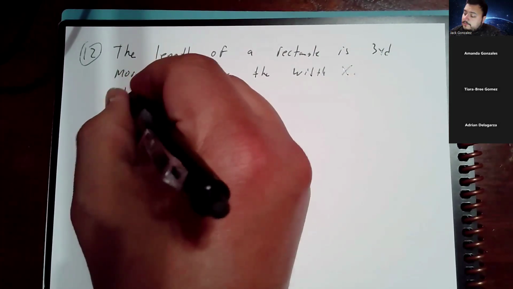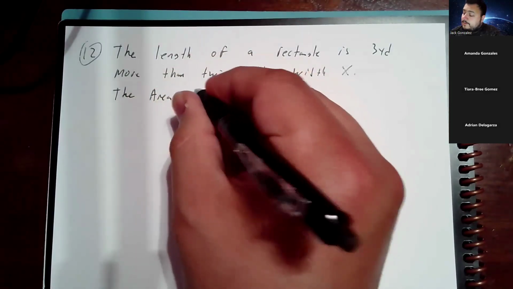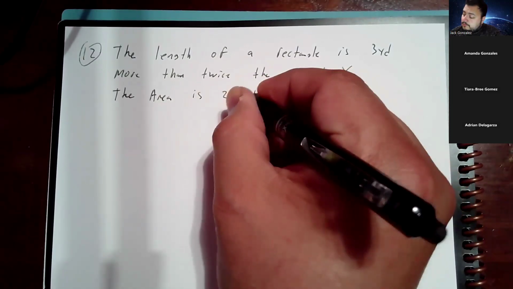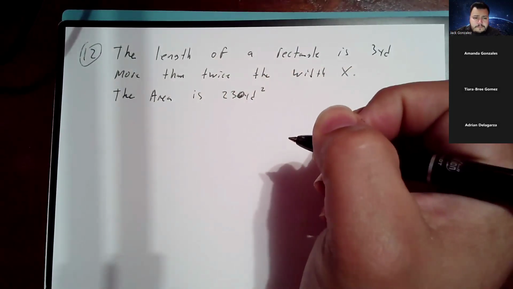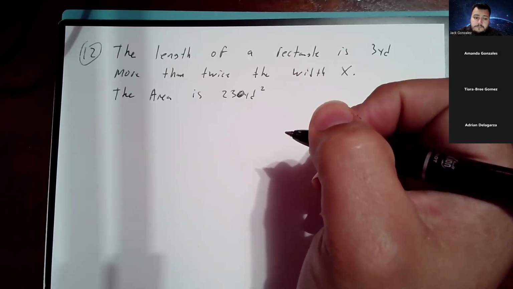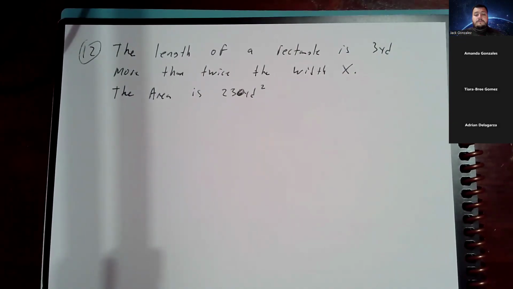The area is 230 yards squared. Okay, so we got to make an equation for part A, which says represents the relationship, and then we solve for the dimensions.